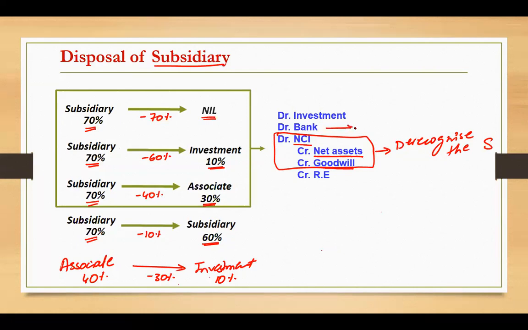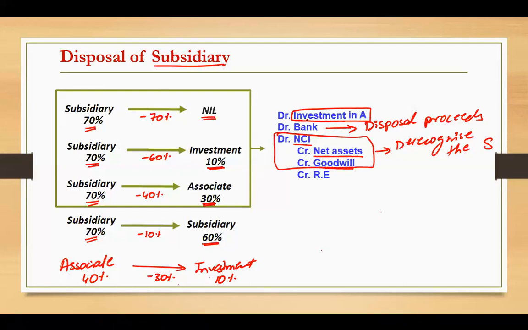And the disposal proceeds that we have received will be debited in the bank. And the remaining investment, whether it's an associate or an investment, is going to be debited. So either it is going to be a simple investment or it is going to be an investment in associate, both of them.